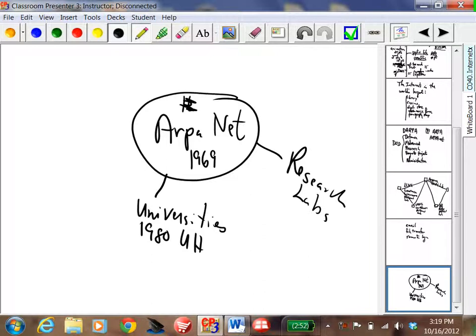In 1991, it was authorized for commercial use, and the general public, okay, was given access to the internet. I think the first people that got on the internet that were not these research people, it started about 1993.